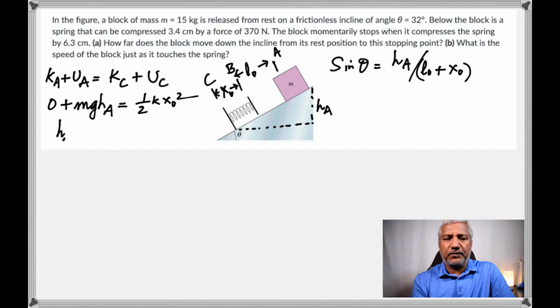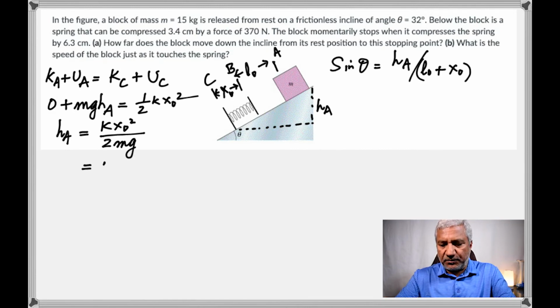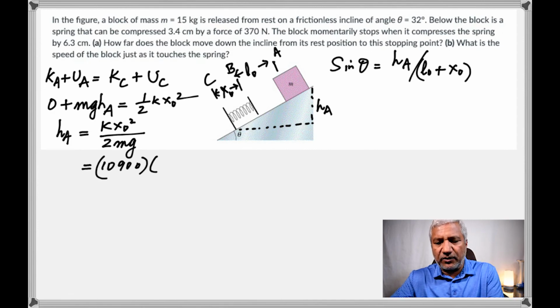And then we have this formula from which we can now make HA the subject. We make HA the subject, we get that. And then we can substitute the values of K. Where did I get K as 10,900? You see, it says the spring can be compressed 3.4 centimeter by a force of 370 Newton.